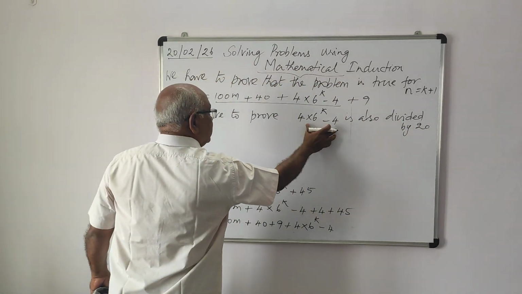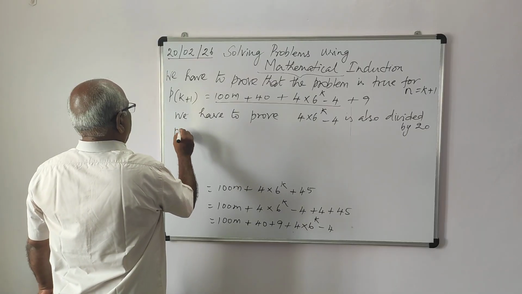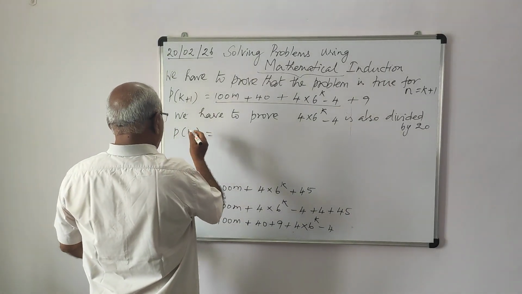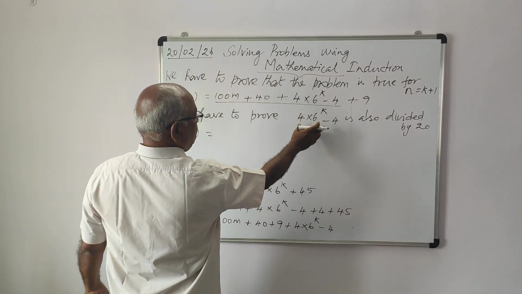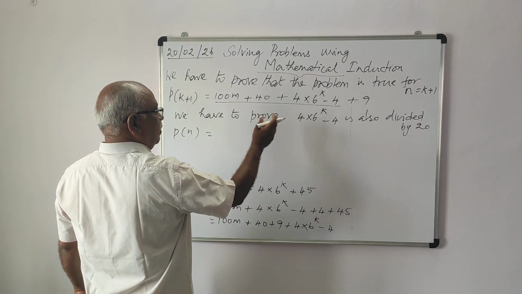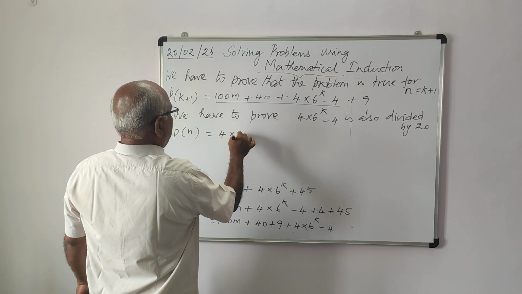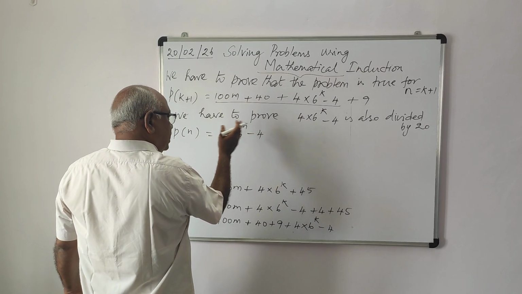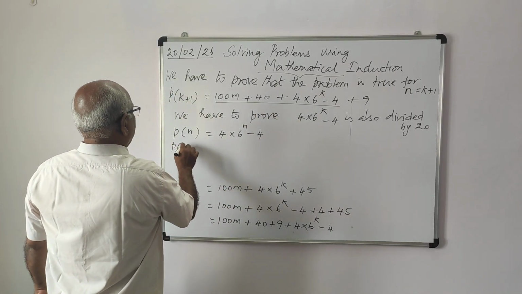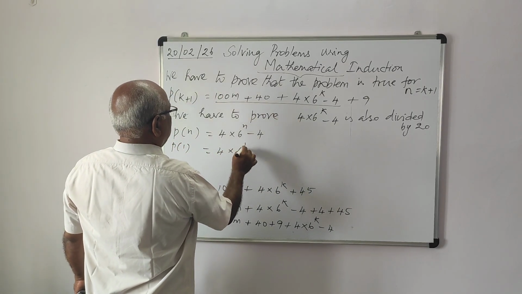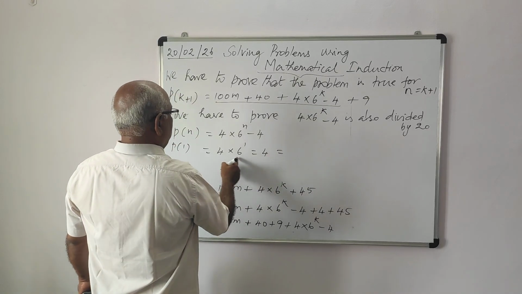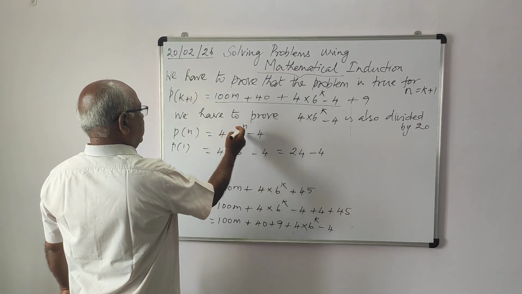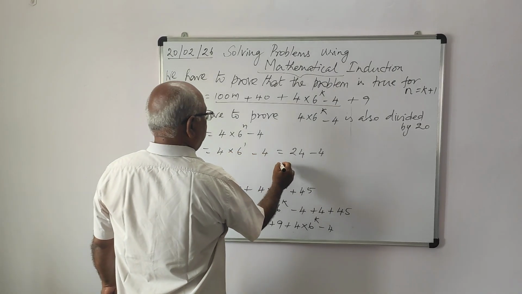அதுக்கு இதை தனியாக ஒரு கன்சிடர் பண்ணீங்க. p of n, p of k அப்படி தனியாக வச்சுக்கீங்க. இது மட்டும் p of n வச்சுக்கிட்டா 4 into 6 power n minus 4 வச்சுக்கலாம். இது வந்து 20 ஆல் டிவைட் ஆகும். அப்போ n equal to 1 இது இண்டக்ஷன் பிரின்சிபலில் போடணும். p of 1 என்ன ஆகுது பாருங்க. 4 into 6 power 1 minus 4, that is equal to 4 into 6, 24 minus 4. 4 into 6 power 1 is 6. 24 minus 4 is 20.